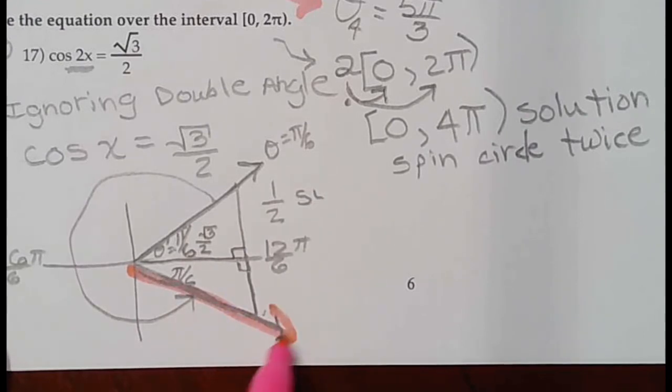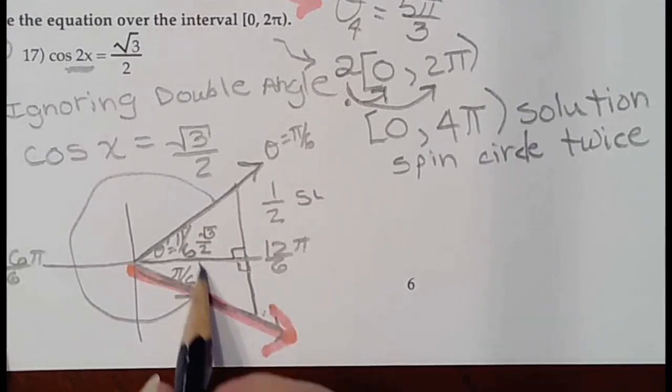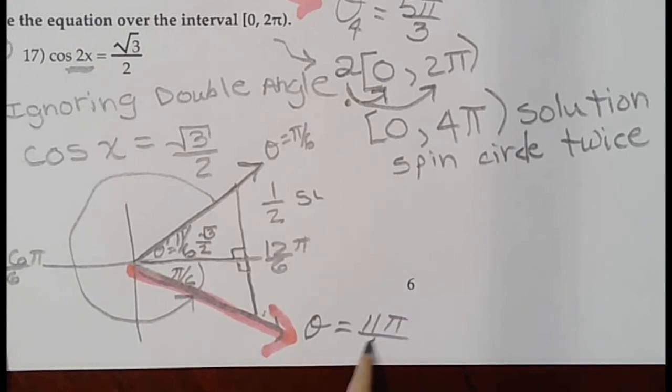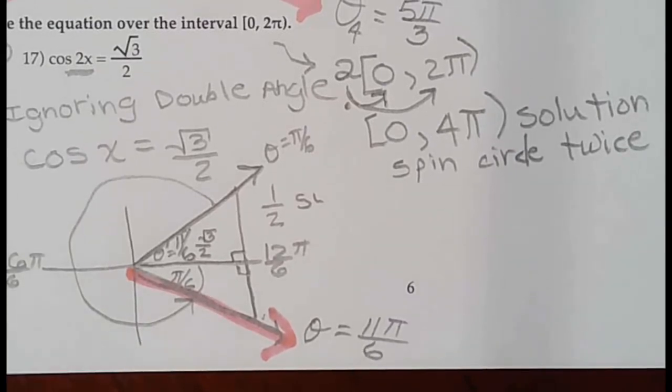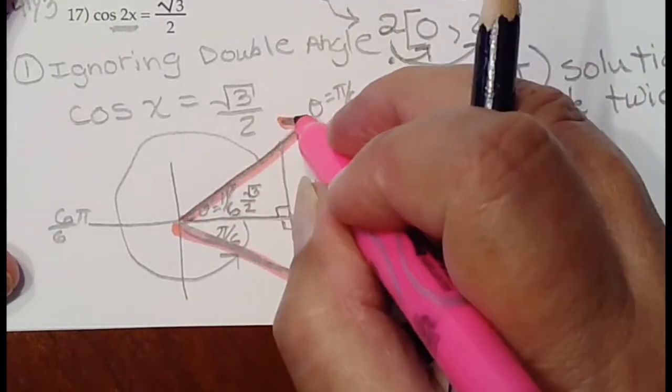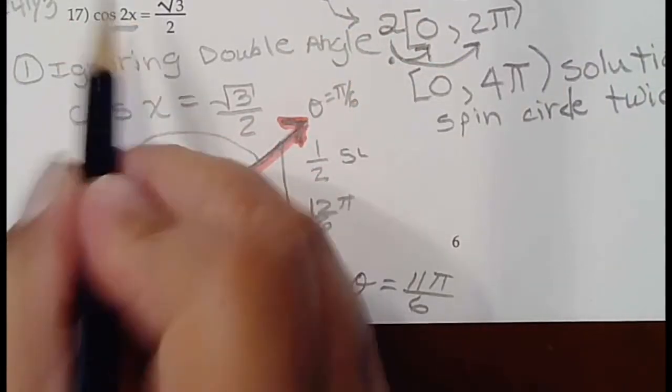But you are allowed to spin around this triangle more than once, because the domain, because they doubled the angle in the answer, it also doubles this entire domain, the allowable domain through which you're allowed to spin.